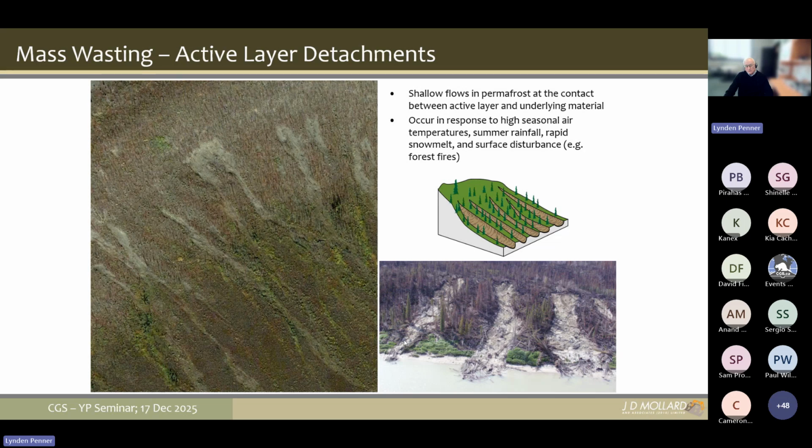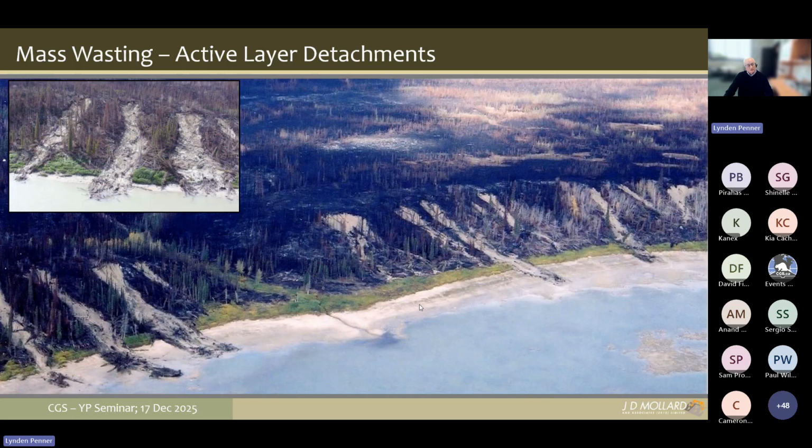These are in northern Manitoba, where there was a forest fire, which promoted thawing of the permafrost, which led to the saturated conditions. And so you had a whole series of these active layer detachments along the valley side, along the lower Nelson River Valley. And you can see these formed just very recently, and the debris is still present in the nearshore zone of the river.